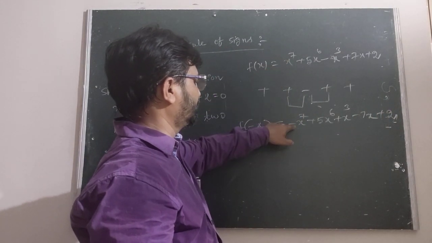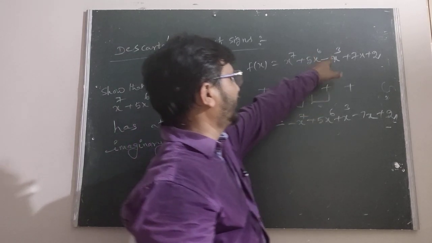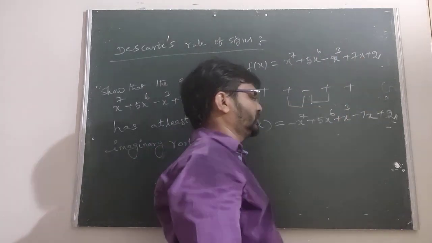So f of minus x is minus x power 7, plus 5x power 6, minus into minus gives plus, minus 7x plus 2.